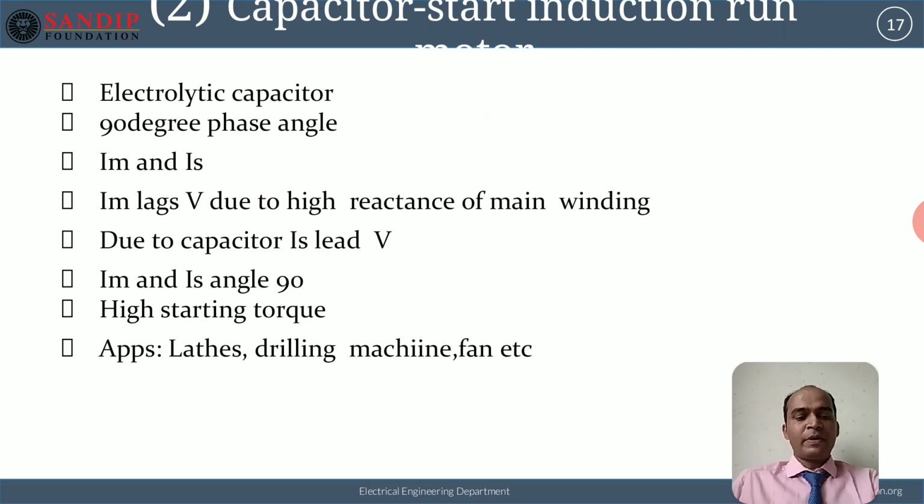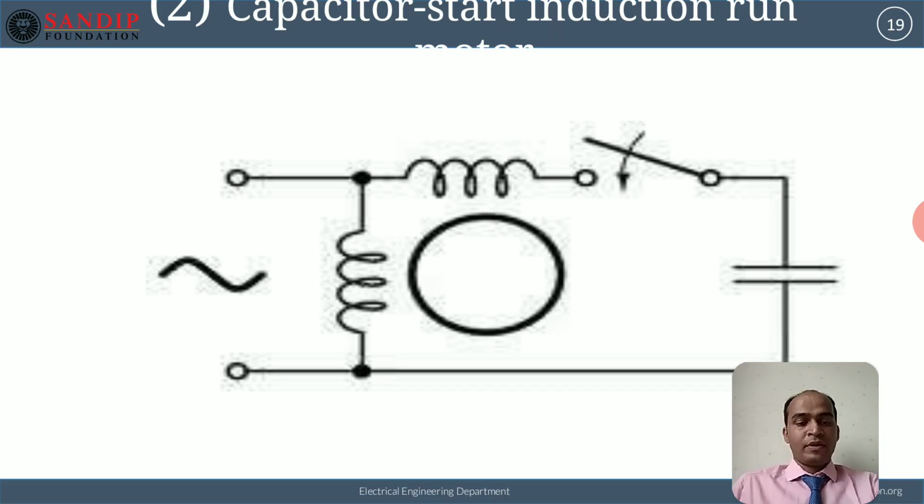The construction of the capacitor start motor is shown in the next figure. The current through the main winding lags behind the source voltage because the main winding is inductive, but the current flowing through the auxiliary winding leads the supply voltage by some angle due to the presence of the capacitor.